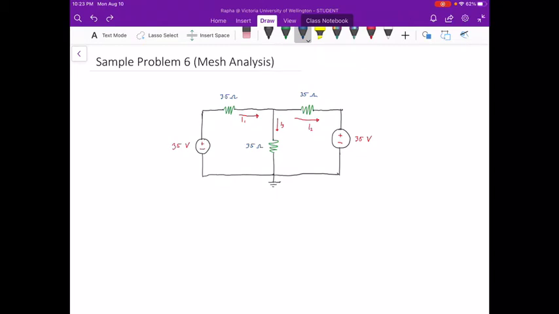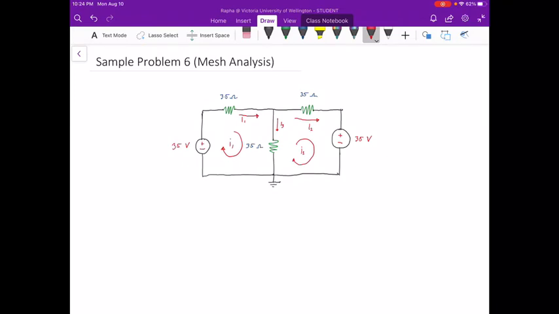So we have a simple circuit diagram, and obviously the branch currents have already been identified, but what we are interested to find is the mesh currents. So let's draw the mesh currents first. We have I1, so that's for mesh 1, and then we have mesh current I2 for mesh number 2.